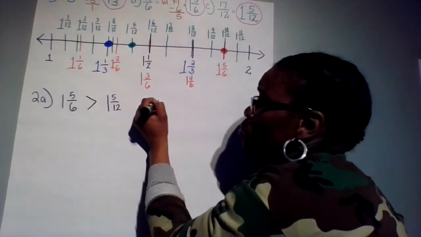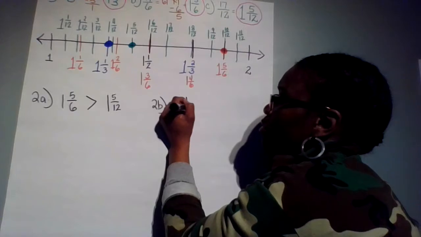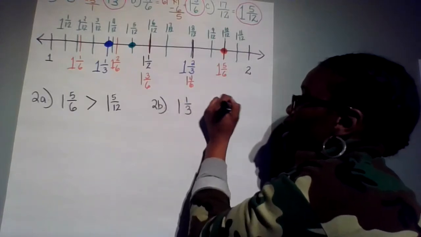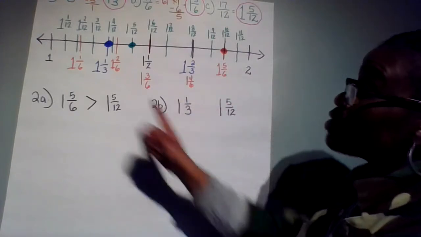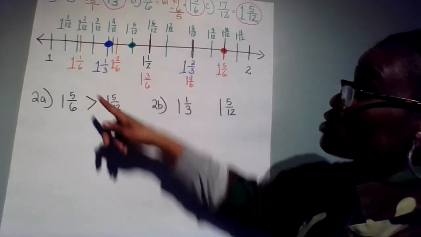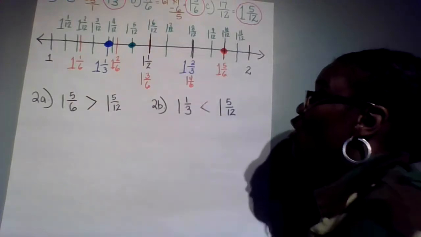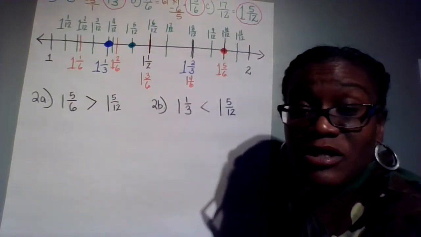Now let's do 2b. Now we're going to compare 1 and 1/3 to 1 and 5/12. And so here's 1 and 1/3, and here's 1 and 5/12. So which one is larger? That's right, scholars. 1 and 5/12 is larger.